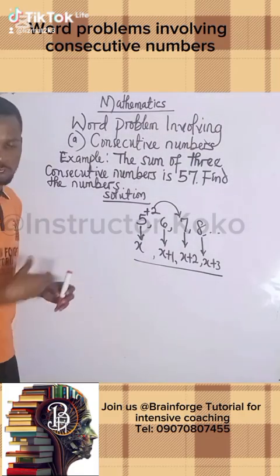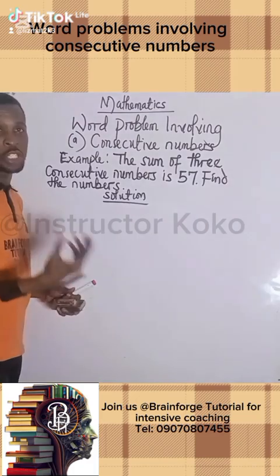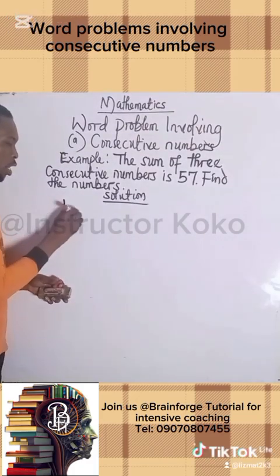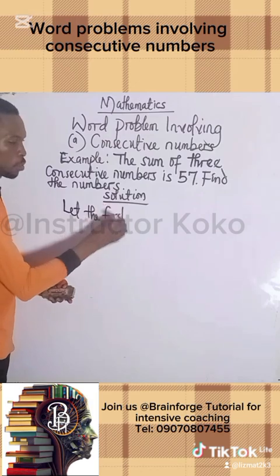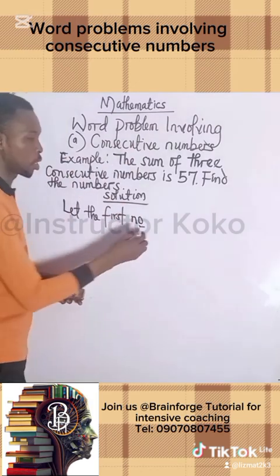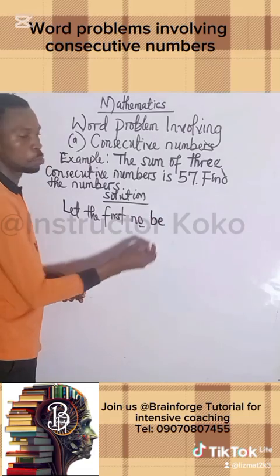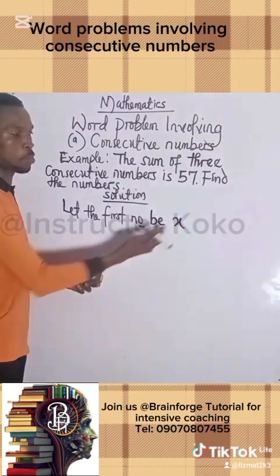So now what we do is that since I don't know the number, I'll say let the first number out of the three consecutive numbers be x. So I can use x as my starting number.